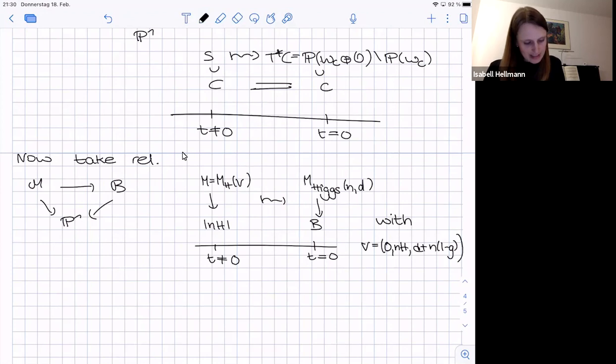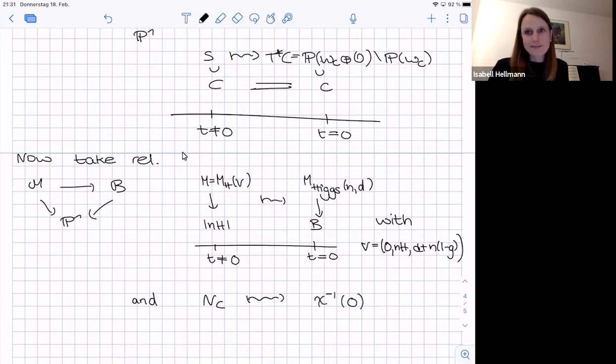D plus N times 1 minus G. Okay, and moreover, because as I said, you have this constant embedding of C in there, what you also get is that the nilpotent cone on the Mukai side degenerates to the nilpotent cone on the Hitchin side.